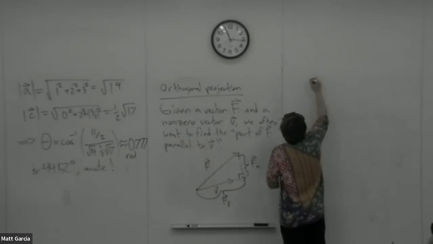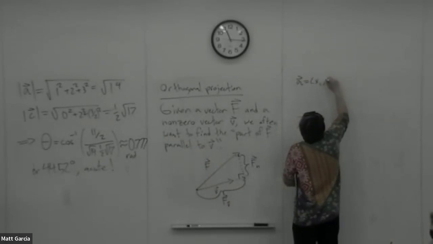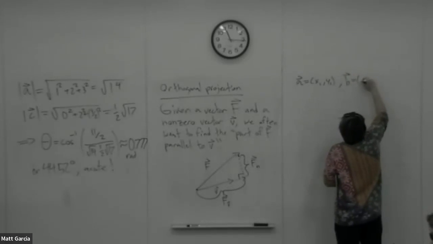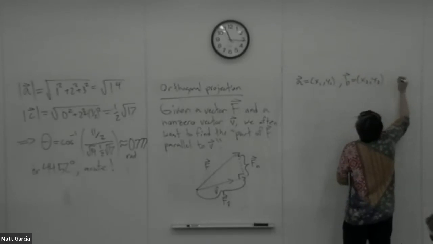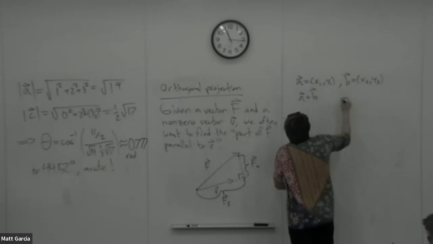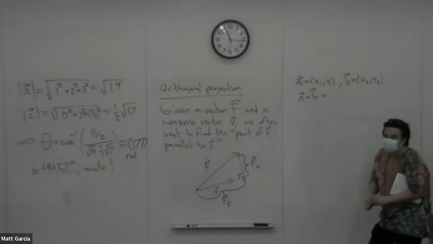Then we know that a plus b is another two-dimensional vector, an element of R2.